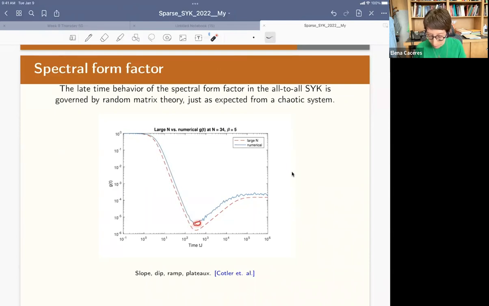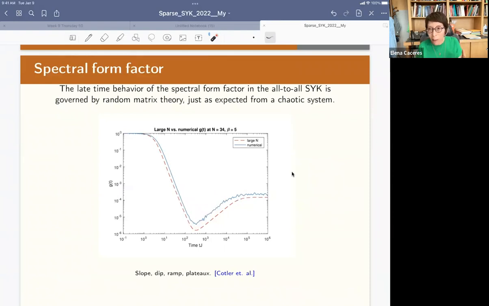This is the dip, this is the ramp, and this is the plateau. The big thing about this work that was super important is that they showed that this behavior is indeed the behavior expected by random matrix theory.